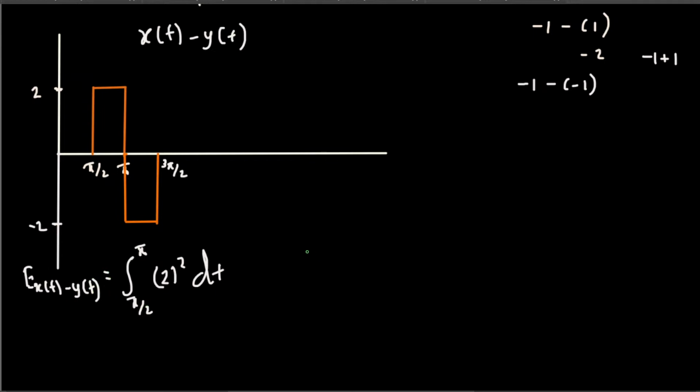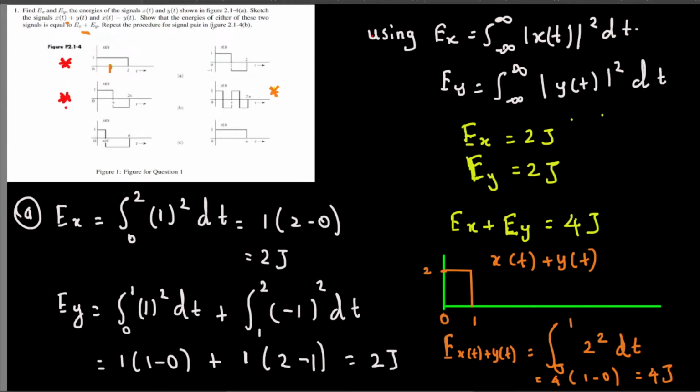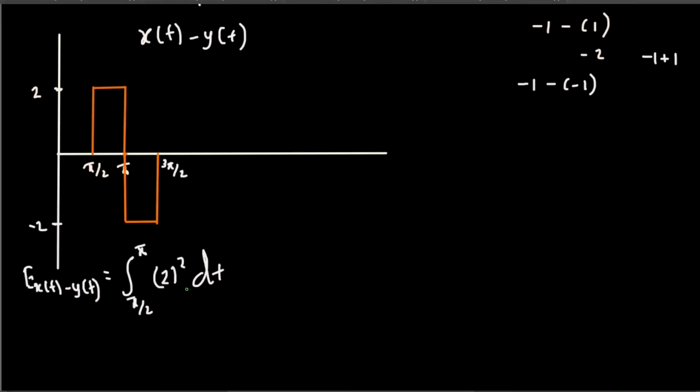Okay, so 2 square and plus integration 5 to 3 5 by 2. At that time the height is -2 square dt.